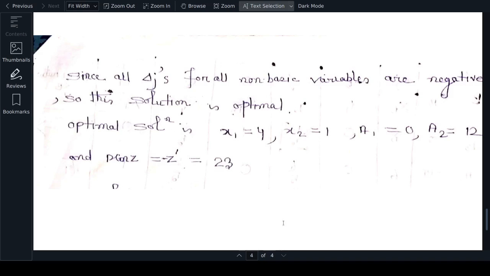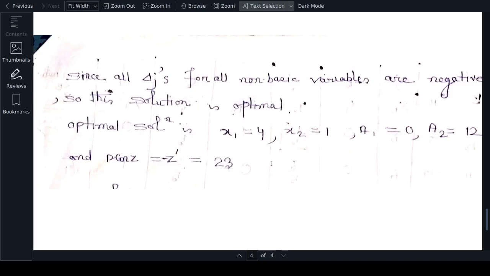A2 is also 0, not 12. Make Z equal to minus Z dash. Z dash value is minus 23, so minus minus plus, 23. Any doubt in this problem?